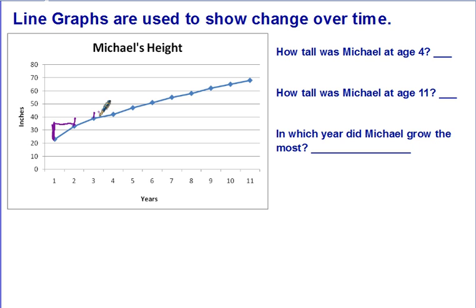From 3 to 4 only went up that much. 4 to 5 only went up that much. 5 to 6, 6 to 7, 7 to 8, 8 to 9, 9 to 10, and 10 to 11. So it looks like between age 1 and 2. And 2 is when he grew the most.